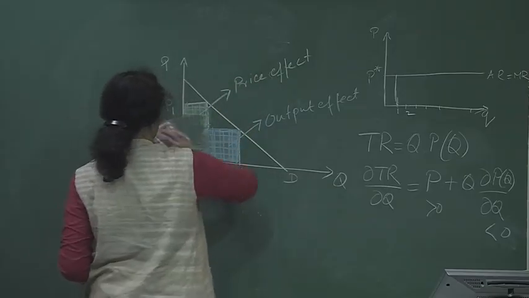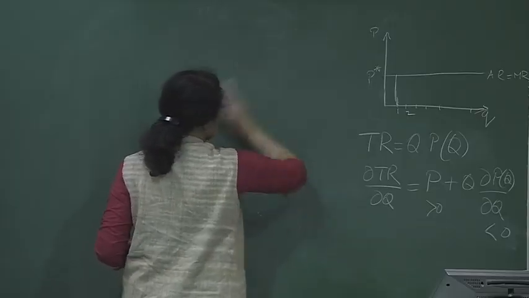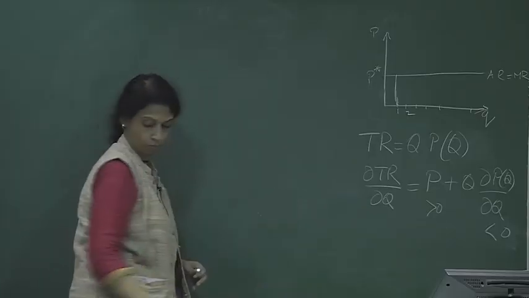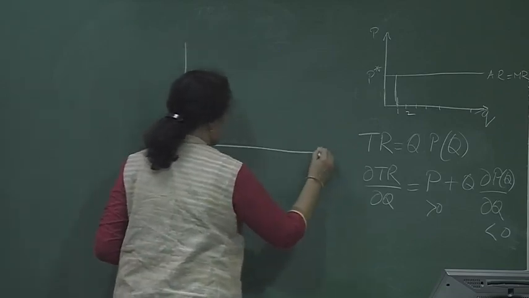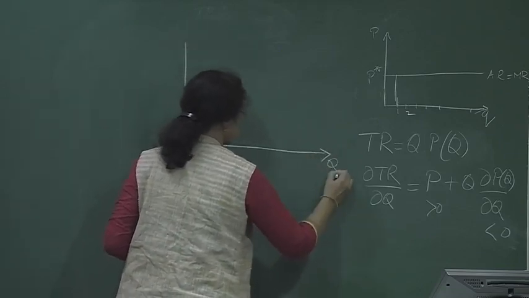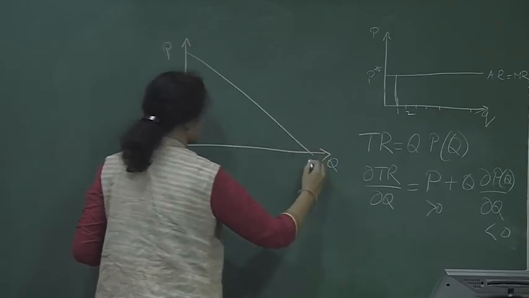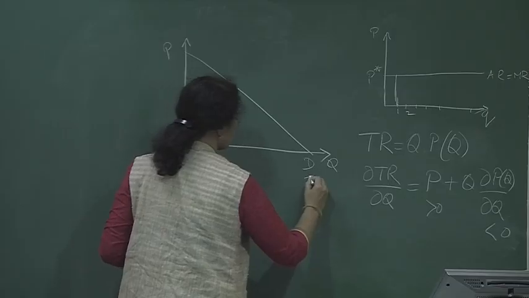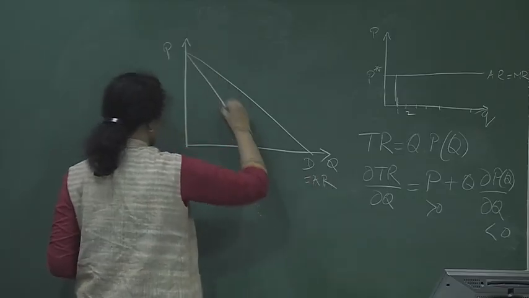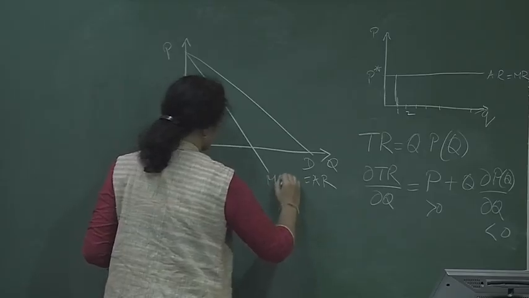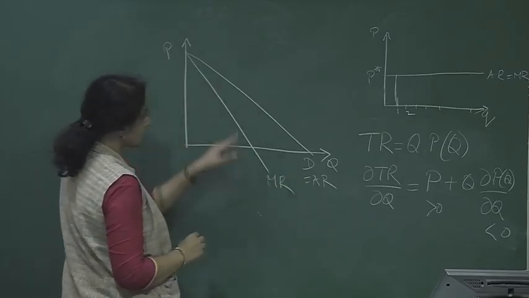Let me draw it. What we have basically is P, the demand line, which is also the average revenue line, and we have the marginal revenue line here, which is always less than the P line.